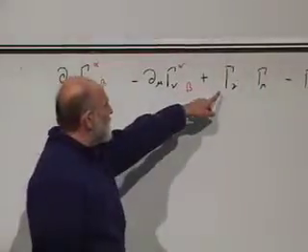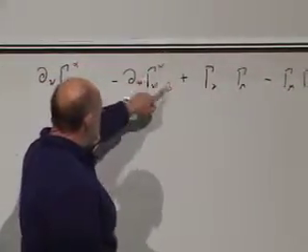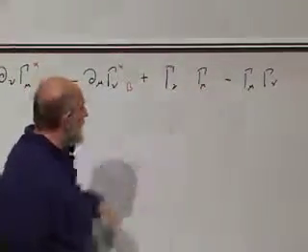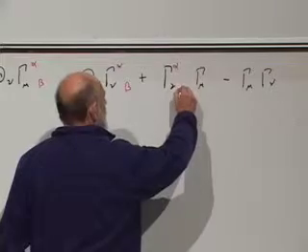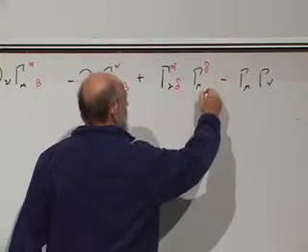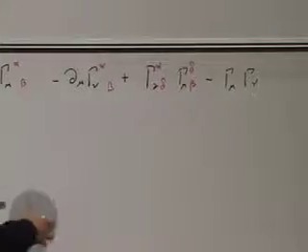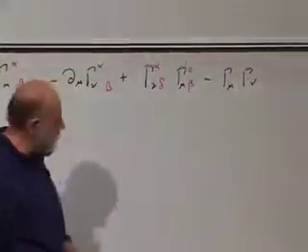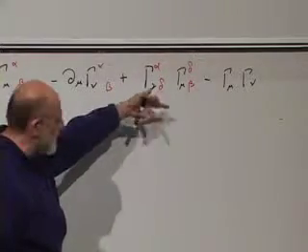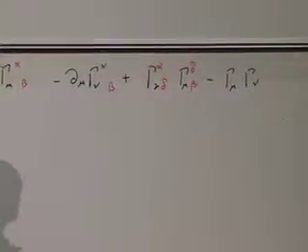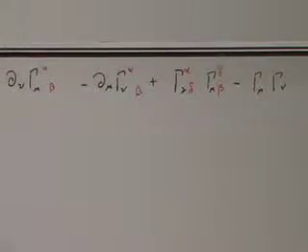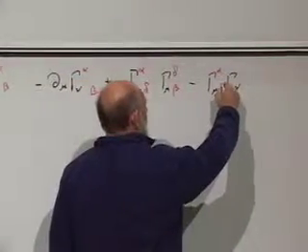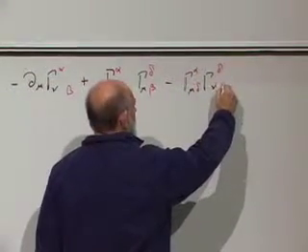But here we have matrix multiplication. We want the alpha beta element of the matrix gamma times gamma. So that becomes alpha delta, delta beta. That's multiplying the matrix gamma alpha delta by the matrix gamma delta beta. Einstein summation convention, sum over delta. That's a simple way to do matrix multiplication. And same thing over here, alpha delta, delta beta.